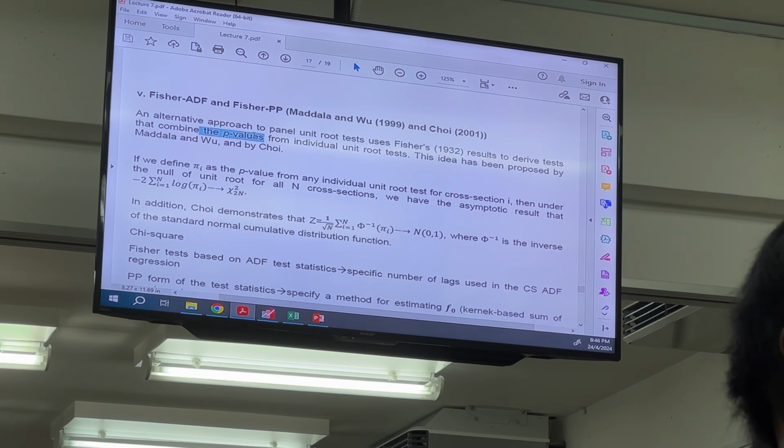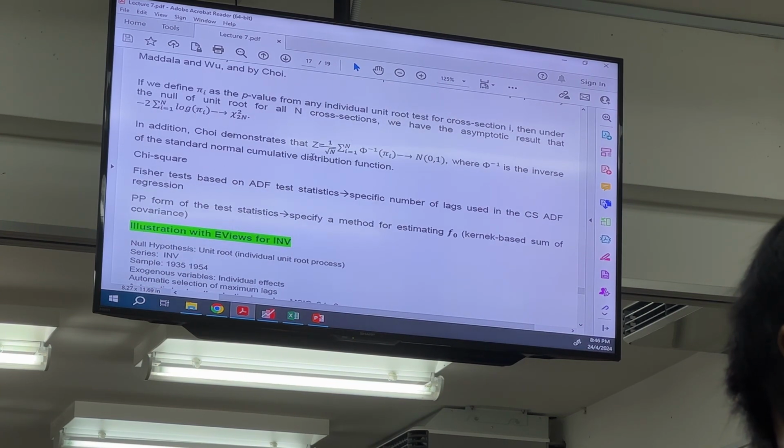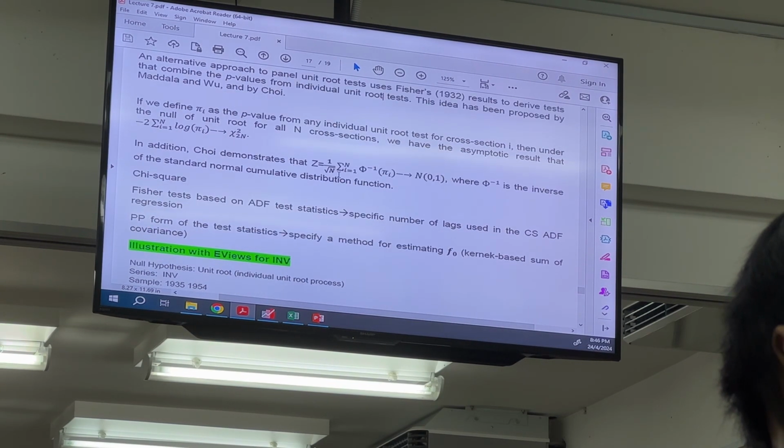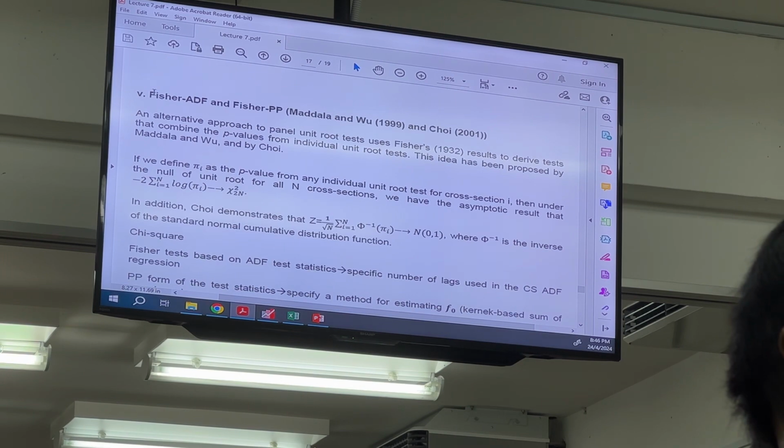It actually combines the p-values from the individual unit root tests. We did not discuss this test in the previous class. We just understand that this one allows for individual unit roots, combining the p-values from the individual unit root tests, and it was proposed by Maddala and Wu and Choi.